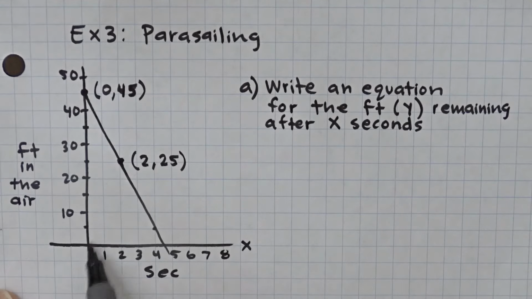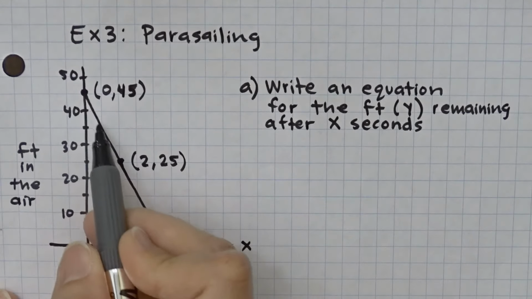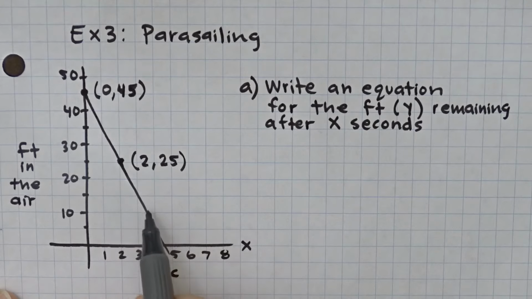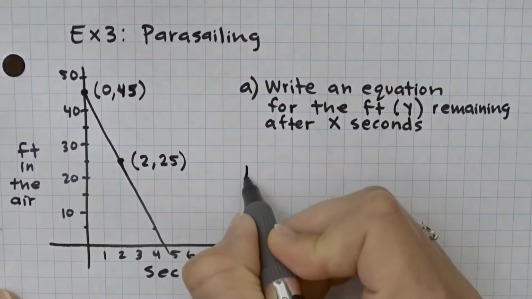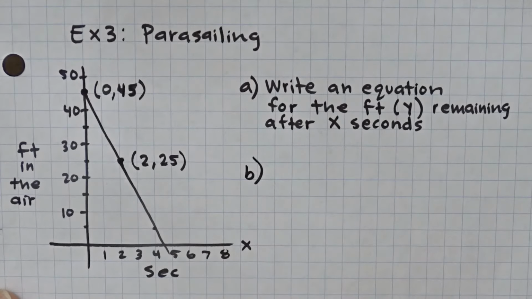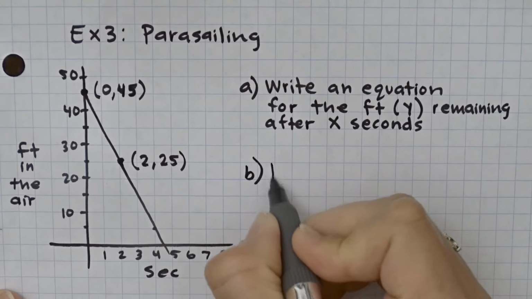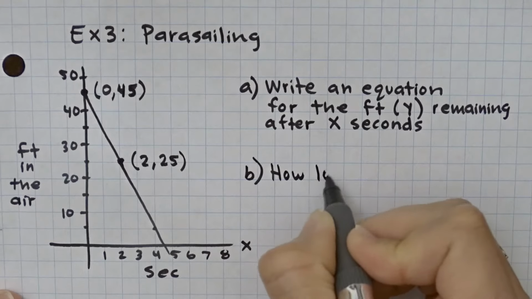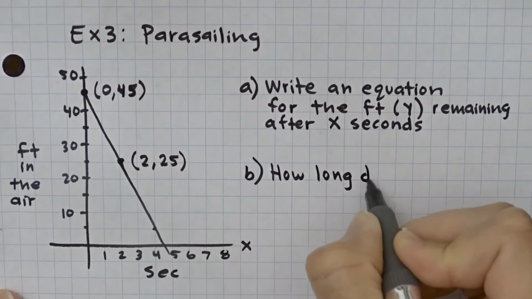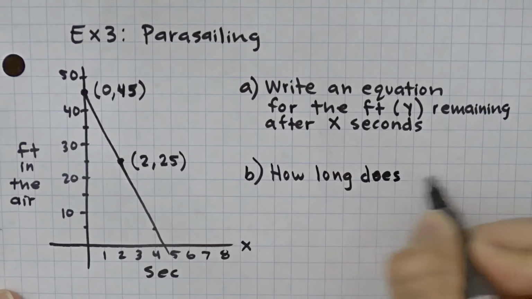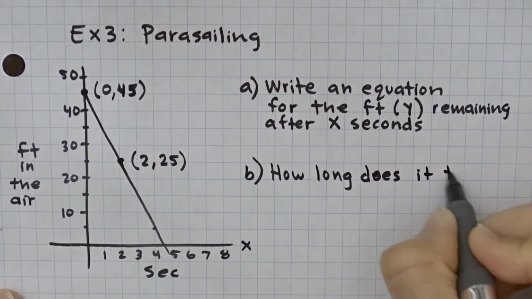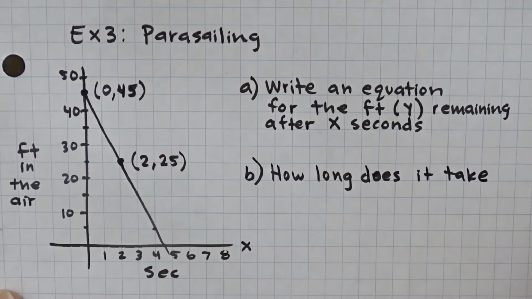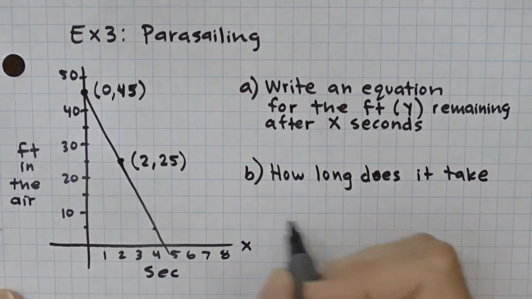So at 0 seconds, you are in the air. And as time goes by, you're getting closer and closer back to the boat. And for B, how long does it take to land back on the boat?